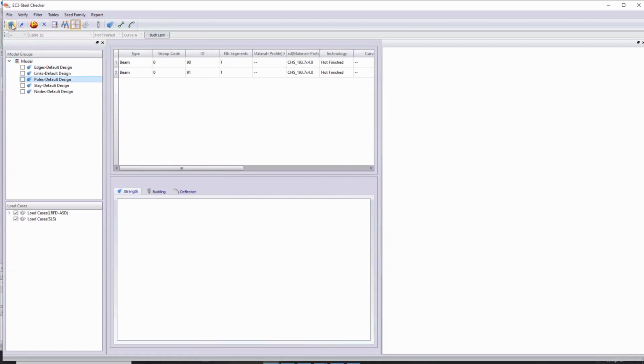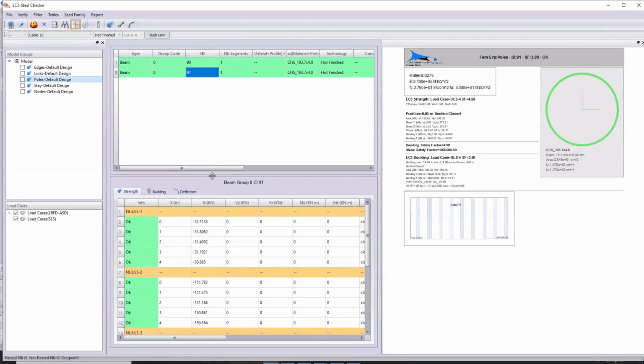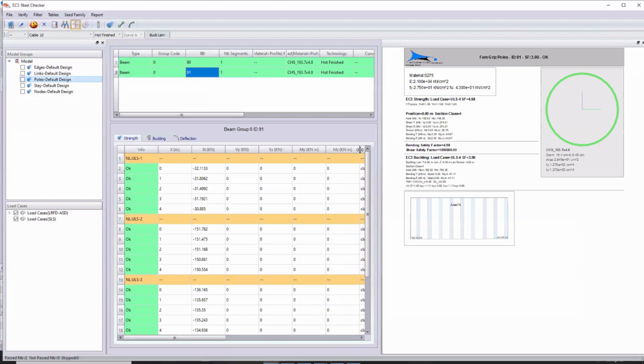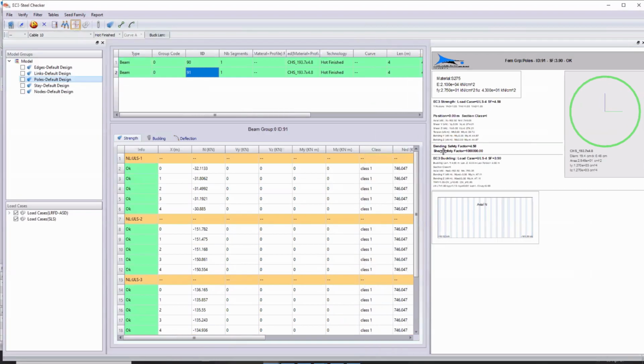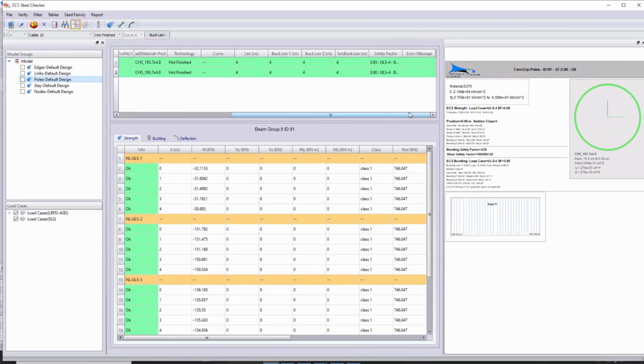And here we click on this tool that checks the elements. The software goes through all the load cases. And if you see a green line, it means that it has been verified. In this case, the safety factor is 3.93 for one of them and 3.90 for the other one.